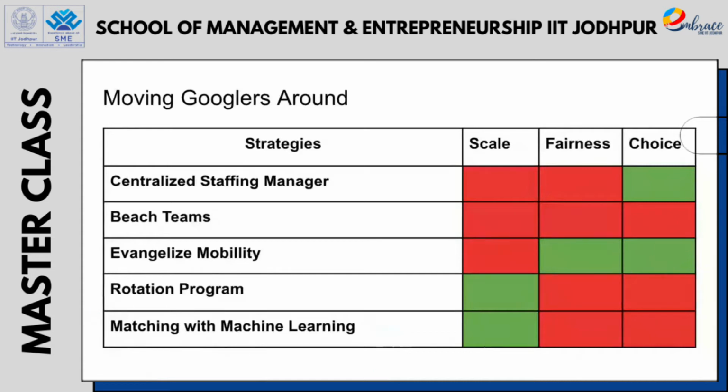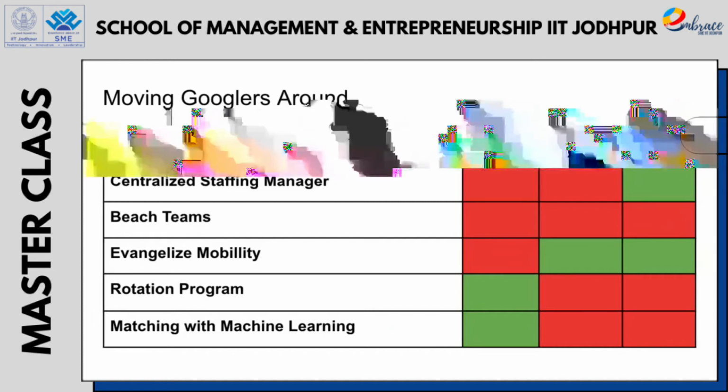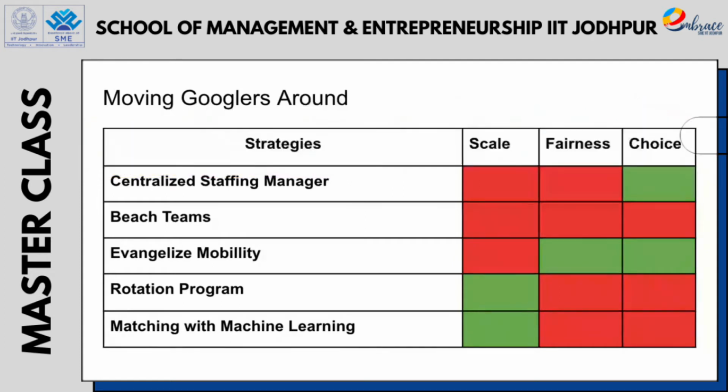So Google has been on the lookout for an ideal solution to move people around within its organization, which could satisfy all three aspects of scale, fairness, and choice. While fairness and choice are more for the employees to engage with the organization, the scale is for the organization itself to cut its costs on doing such a mammoth exercise.